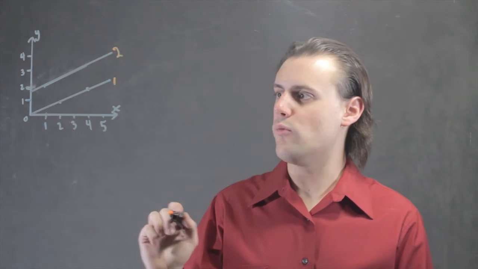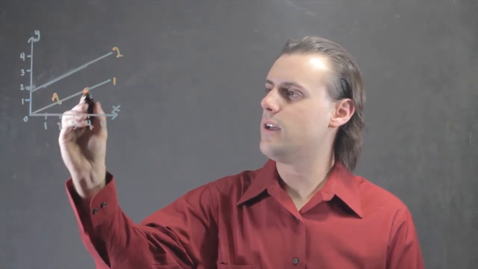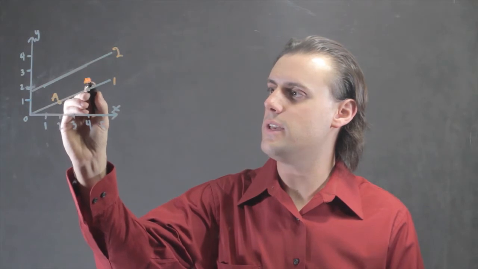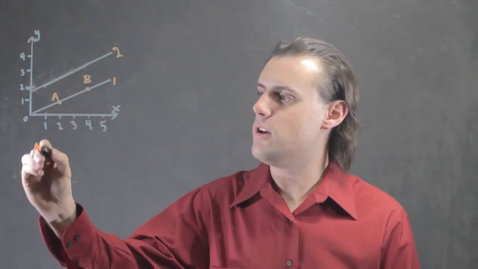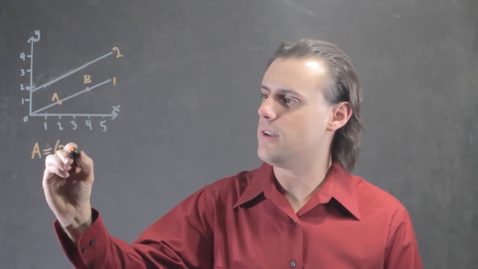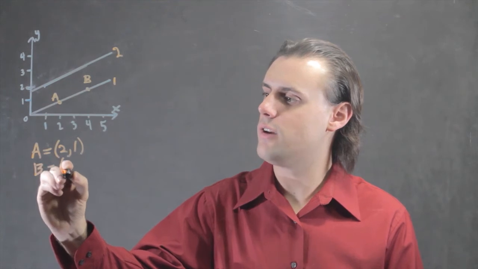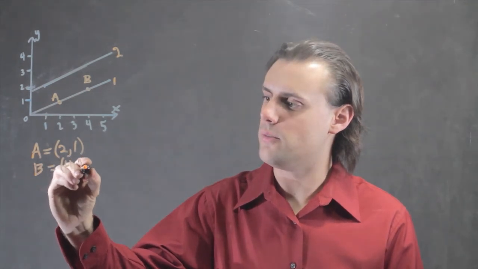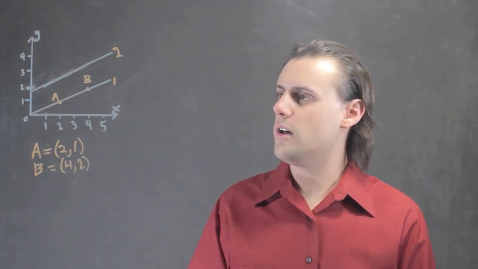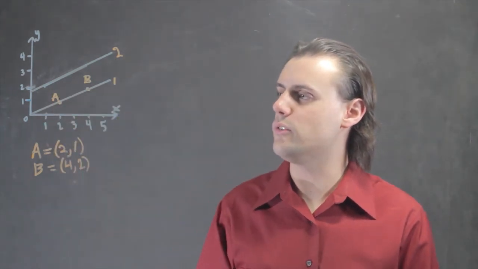So, for line 1, say we have a point here, A, and another point here, B, and we know that the coordinate for point A is given as 2, 1, and for B, we have 4, 2. Then say we have 2 points for line 2.